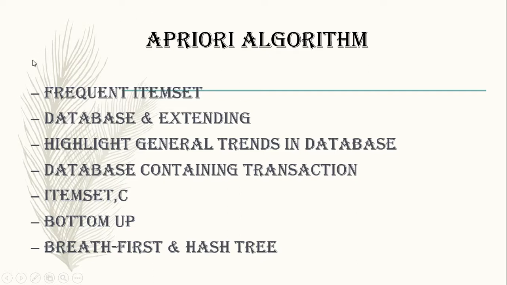Now let's describe the first point, that is the frequent item sets. The Apriori algorithm is for frequent item set mining and association rule learning over transactional databases. Now moving to the next point, the database and extending.